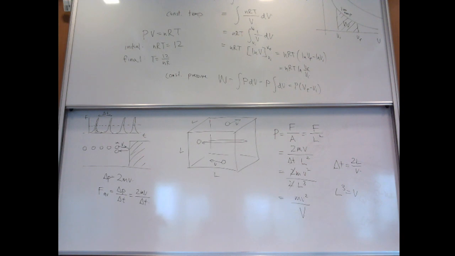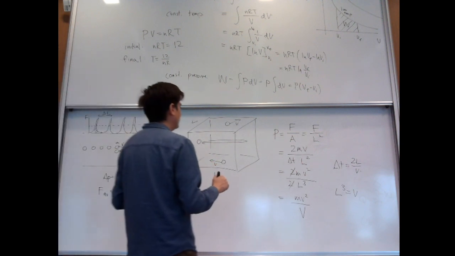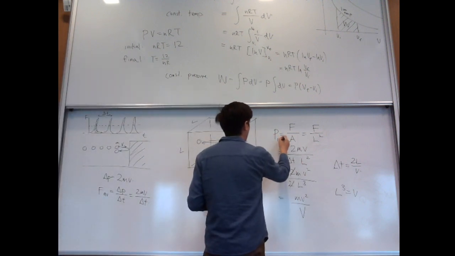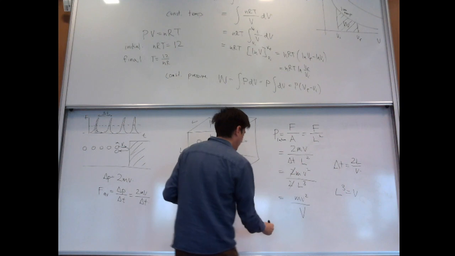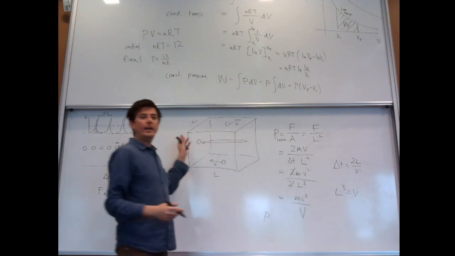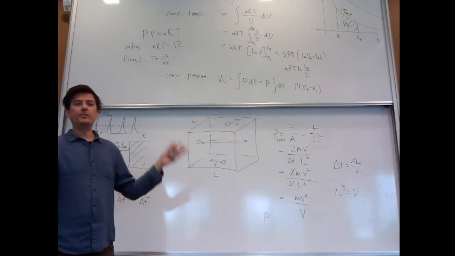Okay, that was the pressure due to one atom, so maybe I should write "one atom" here. But I don't just have one atom, I have lots of atoms, right?